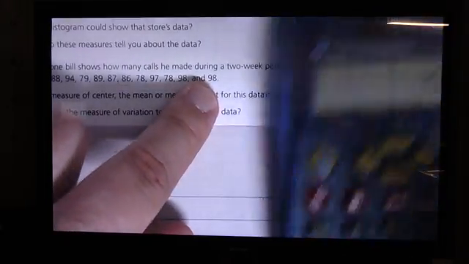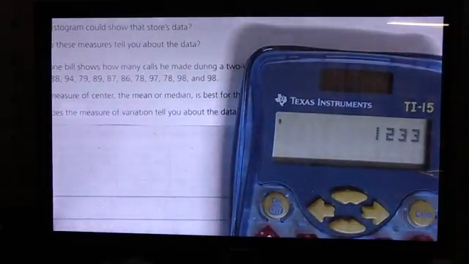And then I hit enter, and it gave me 1,233. Okay, does this mesh with what you got, children?